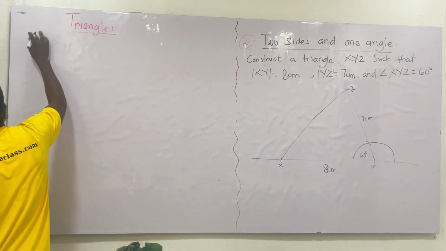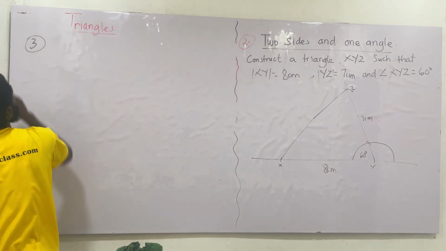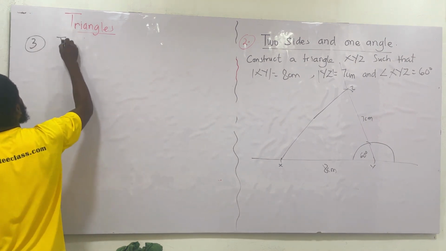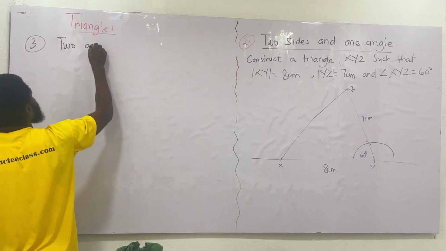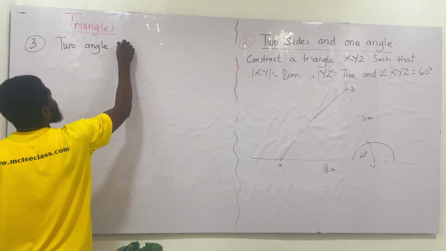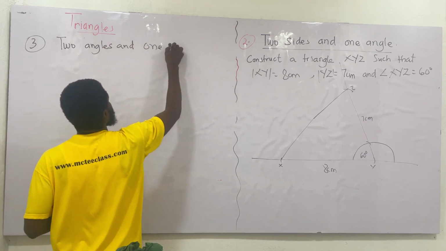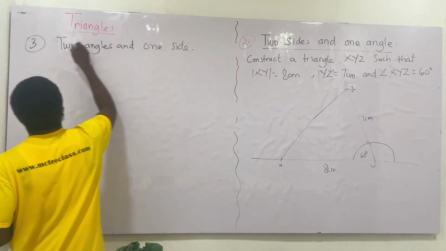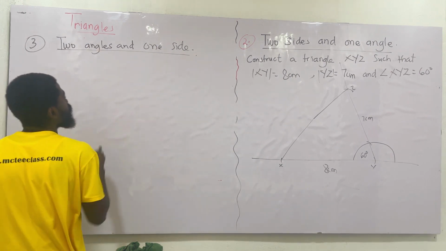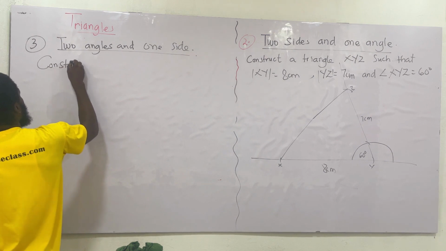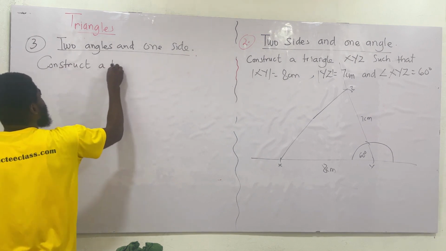So the third one gives me 2 angles and one side. Okay, so the question will say, construct a triangle.